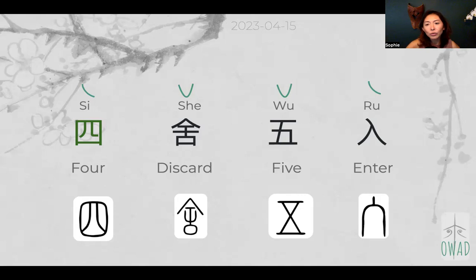So, okay, 入. I said earlier that this was a chimney. It does look like this arch, this enclosure space with a chimney. But here, it's not a symbol combined with other symbols.